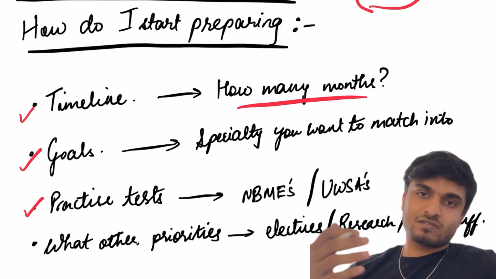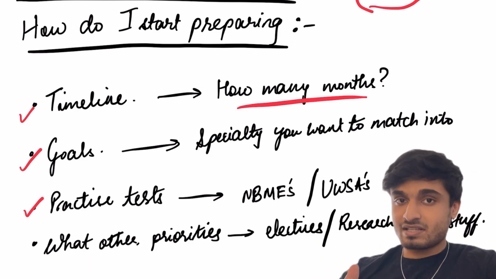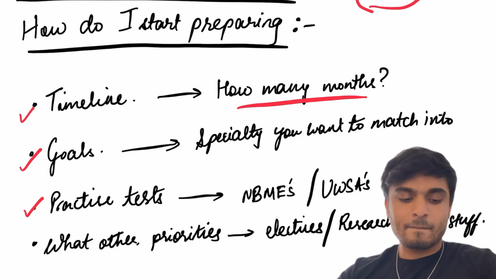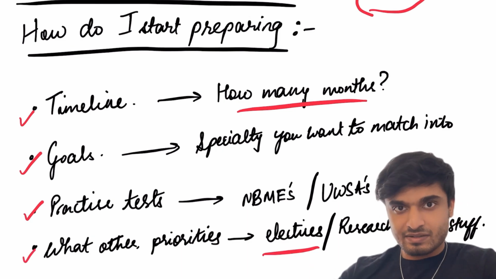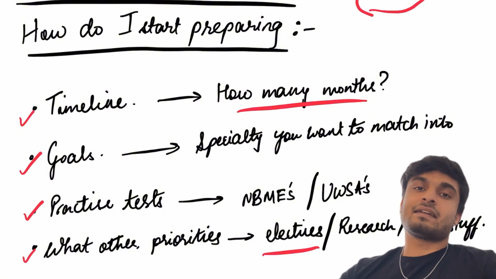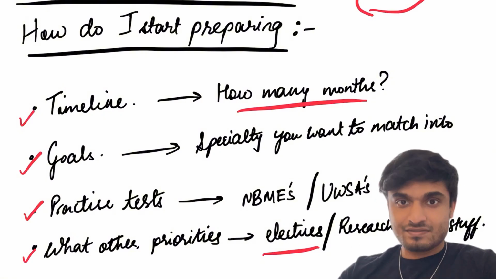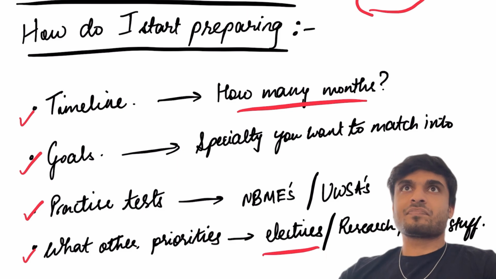You also want to factor in the practice tests, the NBMEs and the UWSAs that you need to take, and other priorities, that is your electives. My Step 2 got delayed because of my electives, and I wanted to take the Step 2 after my electives, around June, July of 2024.